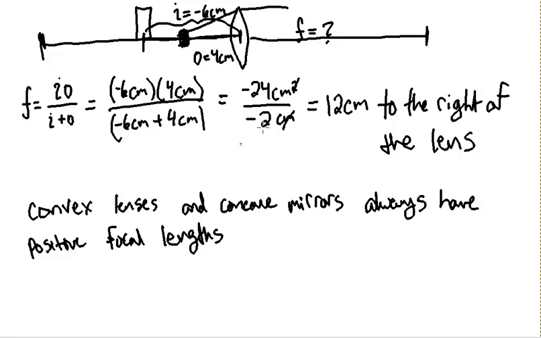And that's even if they're forming virtual upright images. Like this is forming a virtual upright image, but that doesn't mean that the focal length isn't on this side.